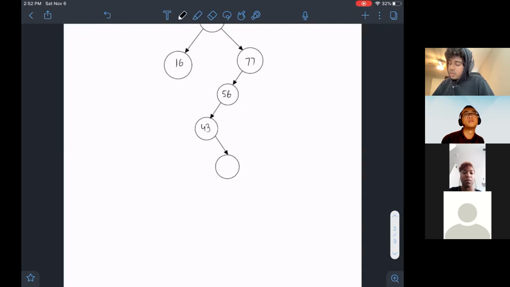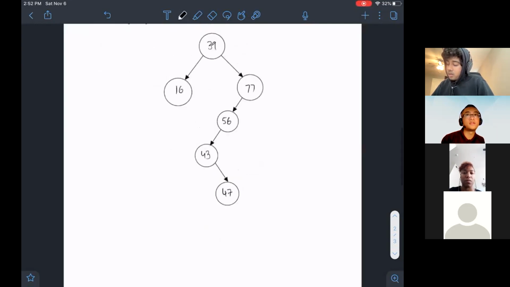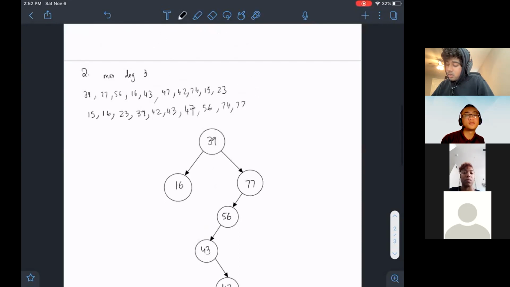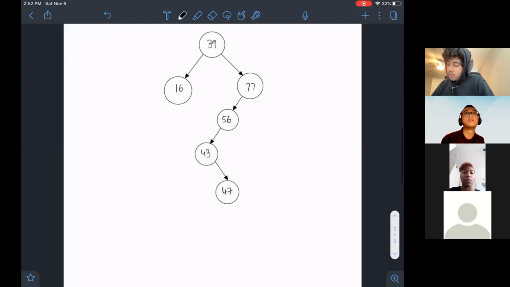I don't have the numbers on my screen anymore, so somebody's going to have to tell me. After 47 is 42, so that's going to be on the left of 43.